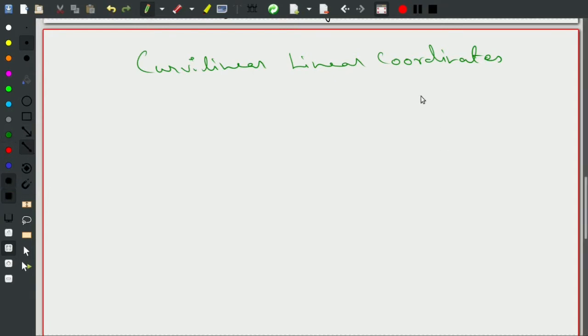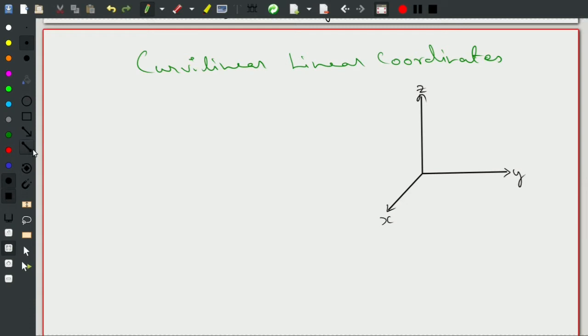So let me draw a Cartesian coordinate system first. This is our regular rectangular or Cartesian coordinate, and this is our x, y, and z, right? Instead of this rectangular coordinate, we can also draw a more generalized coordinate which is something like this.